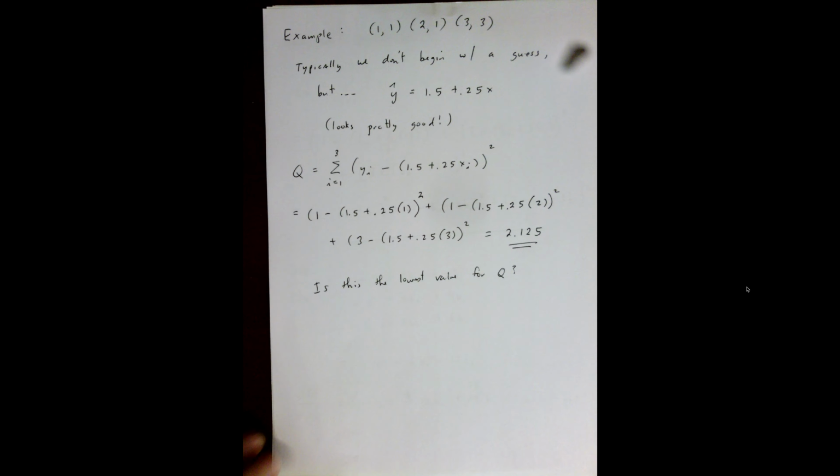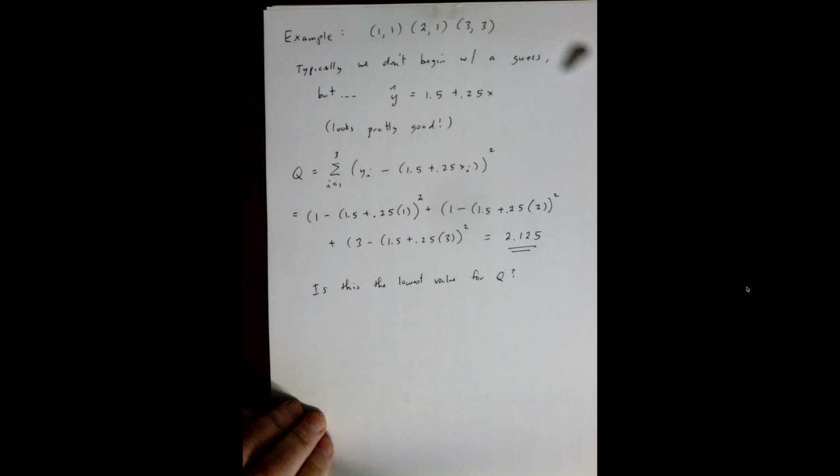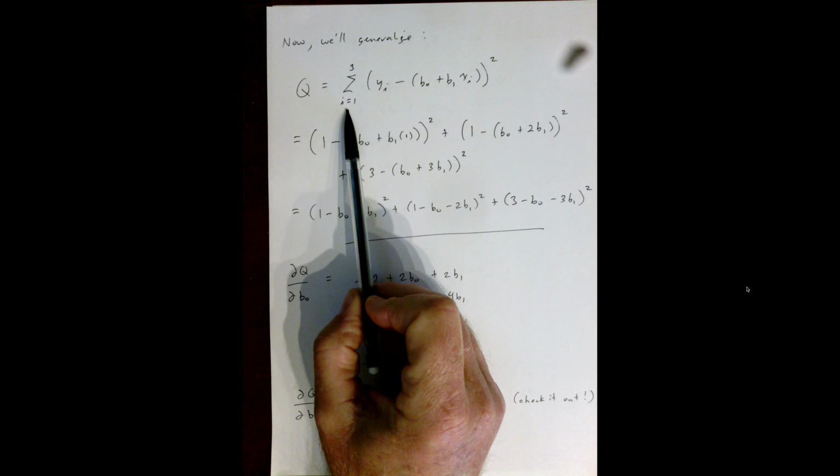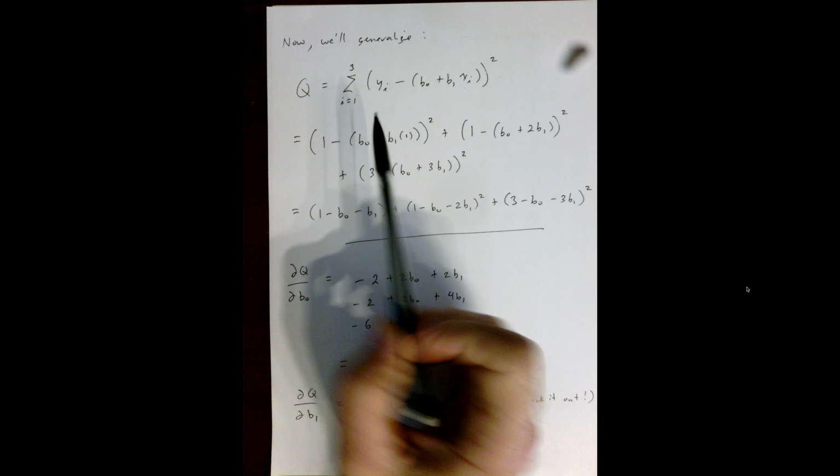Now, is this the lowest value for Q? You can imagine the insanity if you tried to select all the reasonable models. Well, you couldn't because there's infinitely many. So what we do is we inject a little bit of theory here, and we're going to generalize the approach as follows. So, sum from 1 to 3, again, 3 data points.